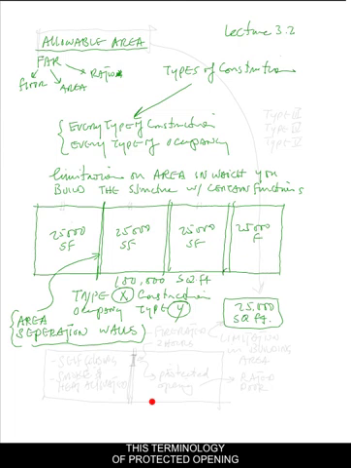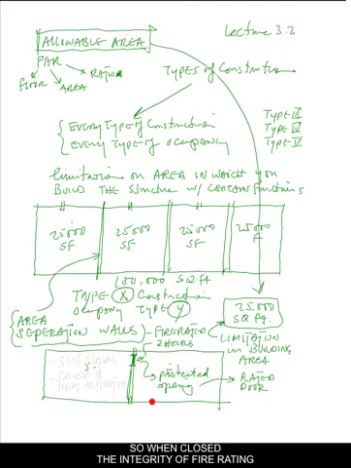This terminology of protected opening refers to a rated door which has to be placed, so that when closed, the integrity of the fire rating and the area separation remains intact.